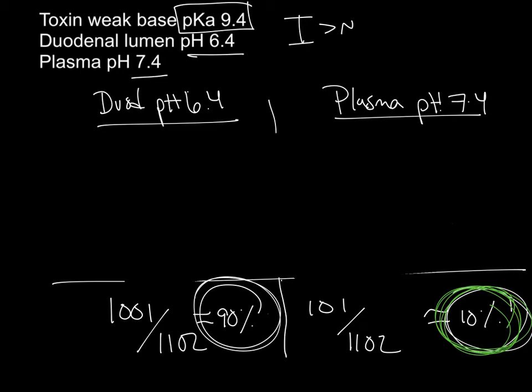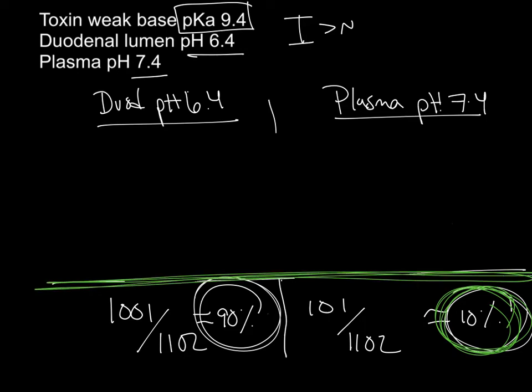Now, if we want to look at question number 9, it's basically the same scenario, only in this case, the dog has received an alkalizing agent that changes the duodenal pH. So the plasma pH is going to stay the same. Now our duodenal pH has increased to 8.4. So it's no longer 6.4, it's now 8.4.